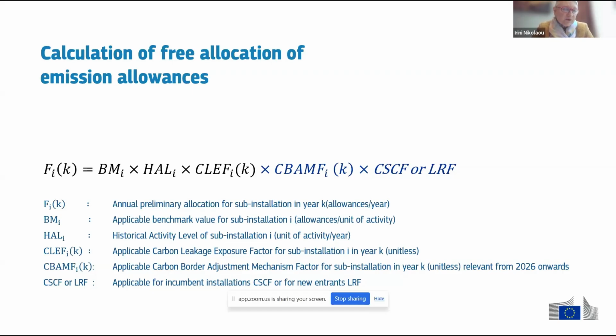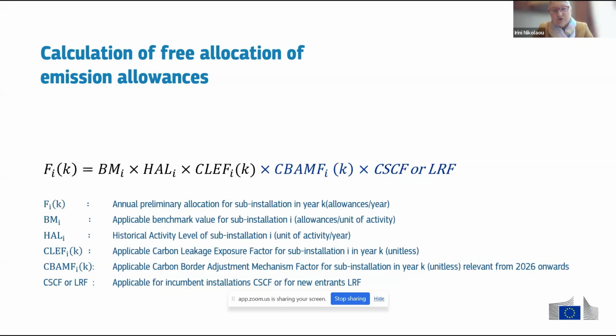The historical production is based on the median of the 5 previous years. And then we multiply it with the carbon leakage factor, if there is one. Well, the production of glass is under carbon leakage, therefore the carbon leakage factor is 1.